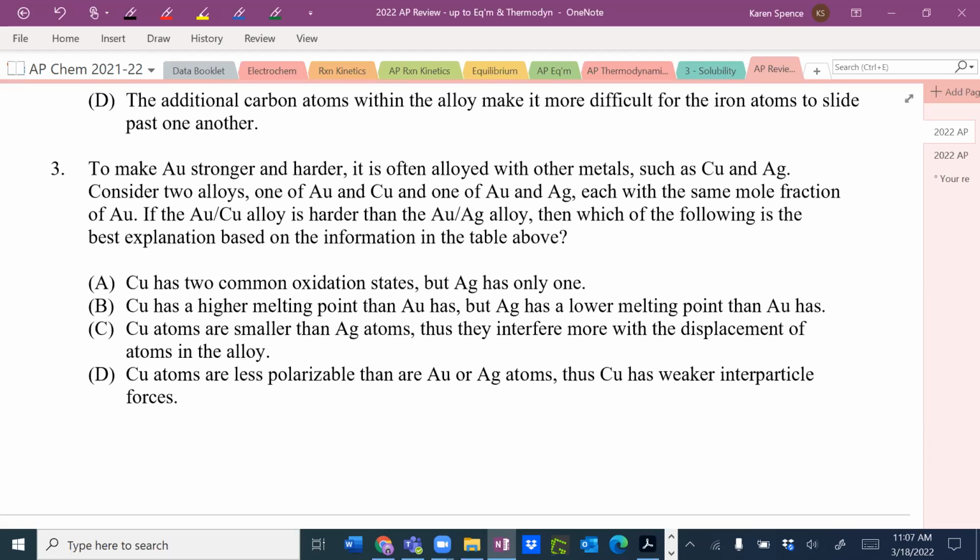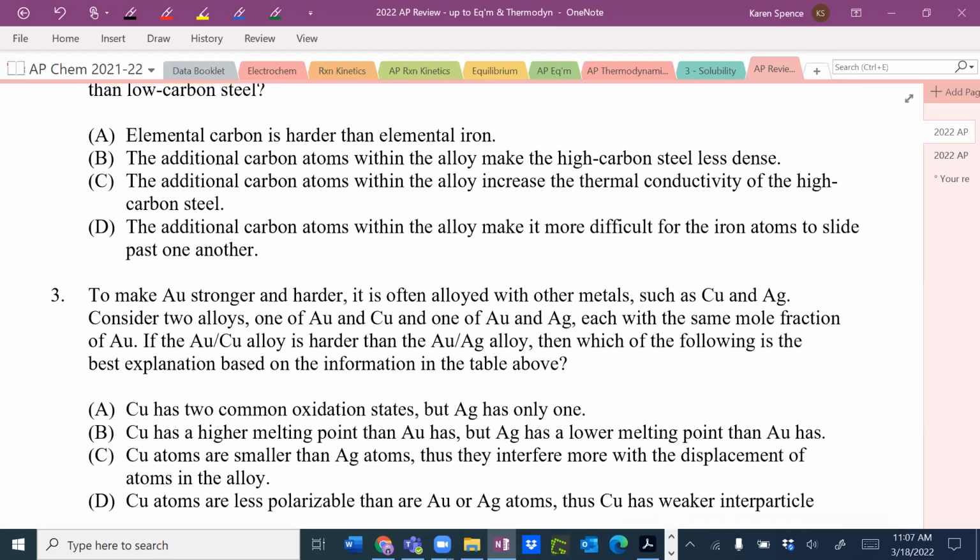If the AuCu alloy is harder than AuAg, which of the following is the best explanation based on the information in the table above? There is no table, so I will put in a table for you, and then we will do that one. Number 4.